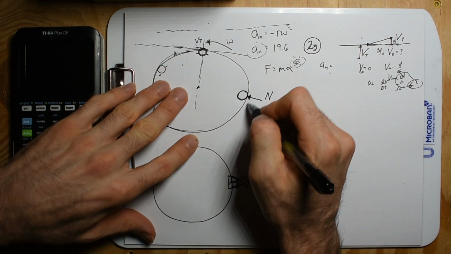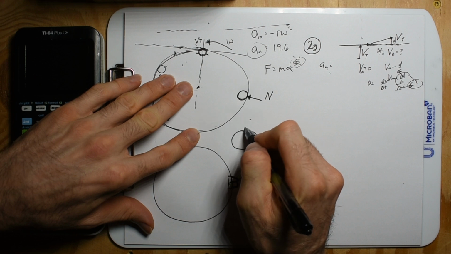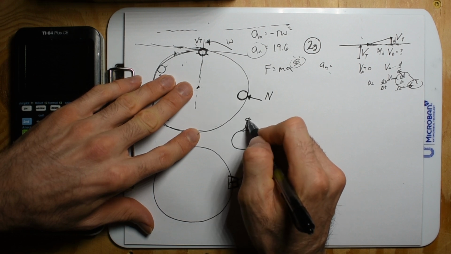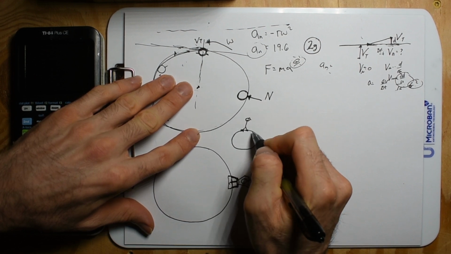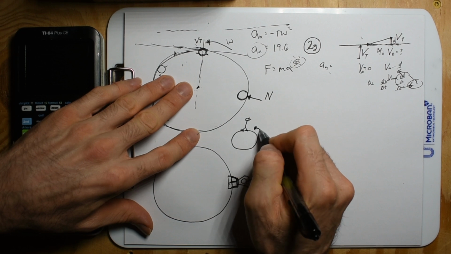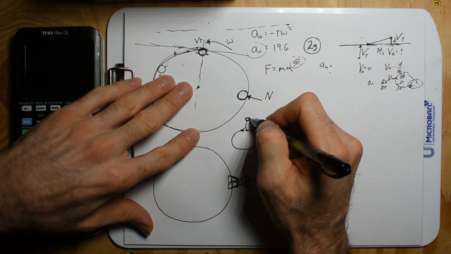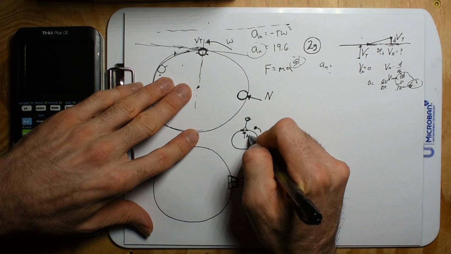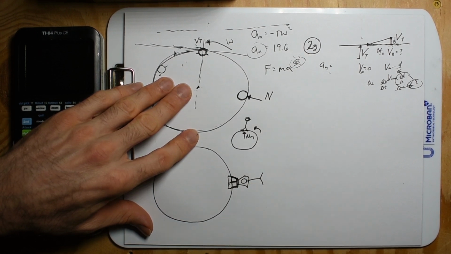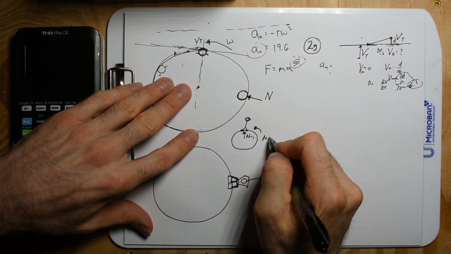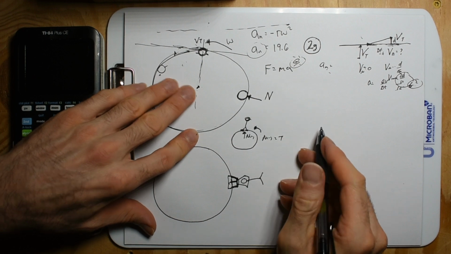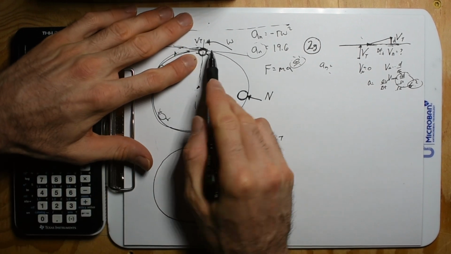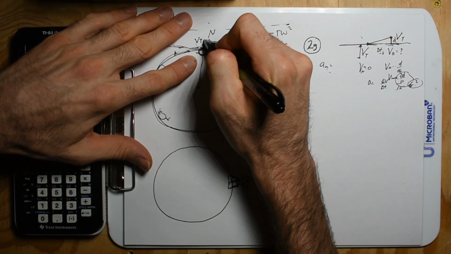Just like you're on the Earth, your feet might be glued to the Earth, and so the Earth could be spinning so fast that you would have got flung off, but your feet are glued to it. So your normal force is negative. You're going to experience tension. Negative normal force must be tension. So in this case, our normal force is that direction. So it's in a different direction.